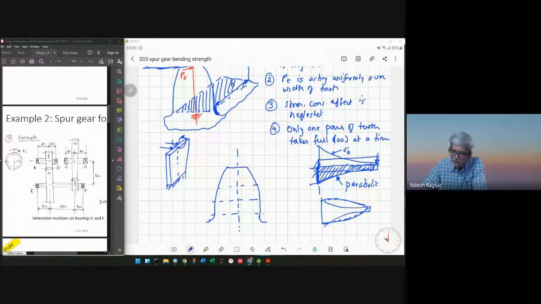What he did is fit a parabola. The condition is that the parabola is tangent to the root profile of the gear tooth.